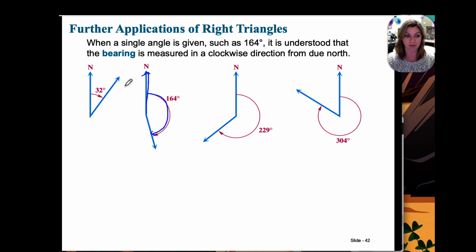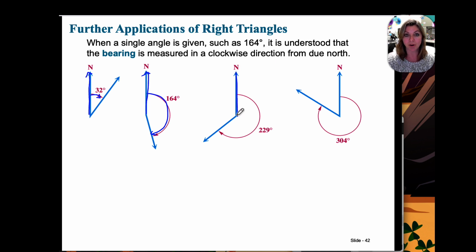Let's explore the others. This one is due north, traveling in a clockwise direction. We would have a bearing of 32 degrees. So all of this can be identified by just saying 32 degrees. Bearings are often used when you're talking about navigation. So due north, and then the 32 would go this direction. No confusion that it might open the other direction. Here's another example.